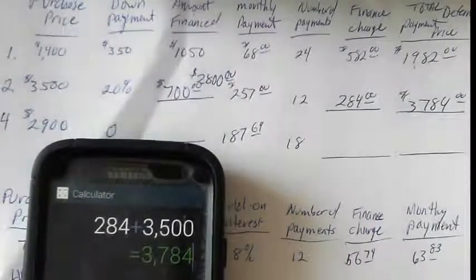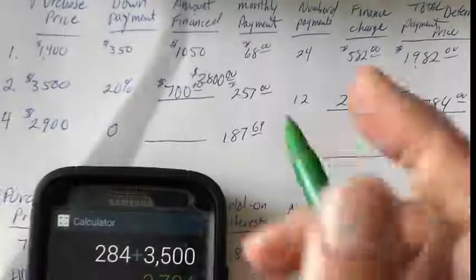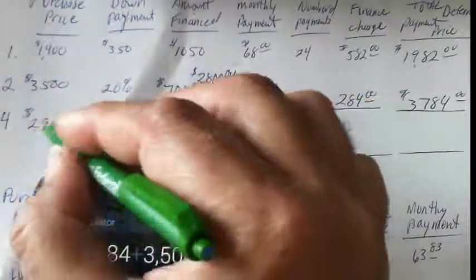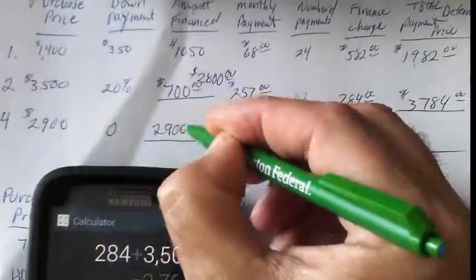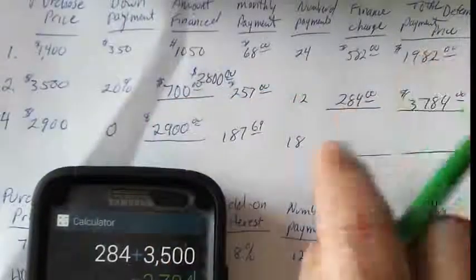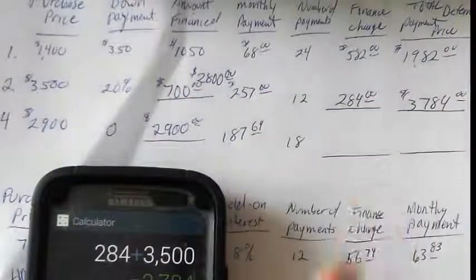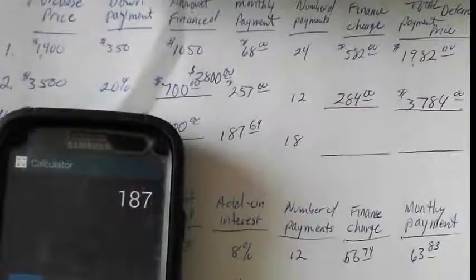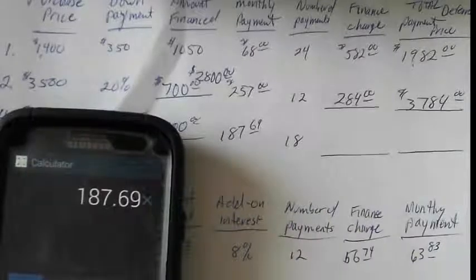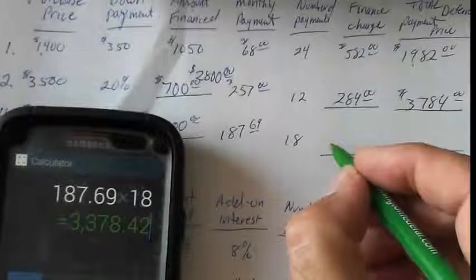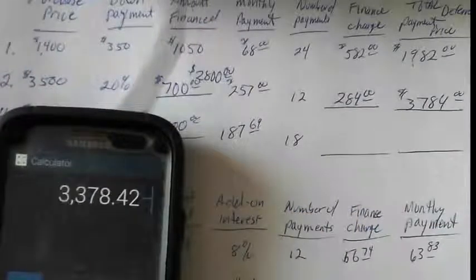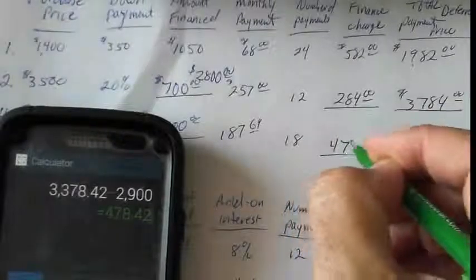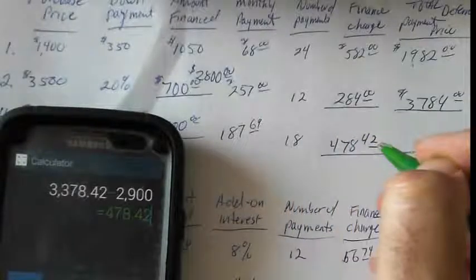Okay, so the first section isn't too bad. Let's just do one more real quick. Number 4, down payment is 0 this time, so they're having to finance the entire amount. Okay, number of payments, amount of the payment. So we're just going to take 187.69 times 18. And we're going to subtract that then from the 2,900. So they have 478.42.